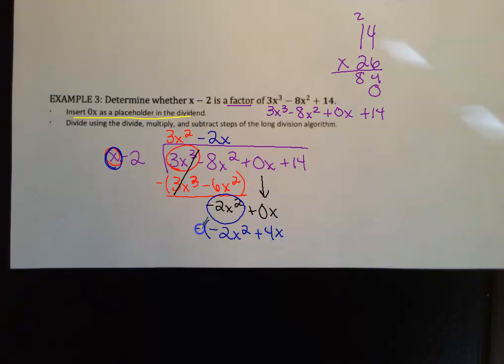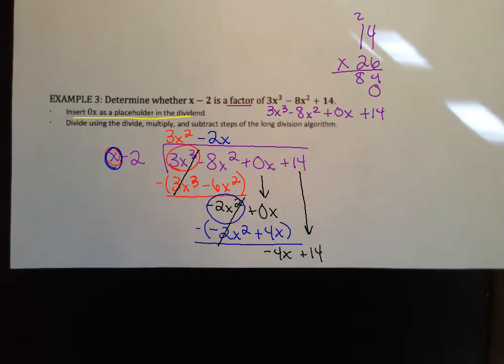All right, and I'm going to subtract this quantity. So negative 2x minus negative 2x cancels. 0 minus 4x is negative 4x. Drop the 14 down. So plus 14.